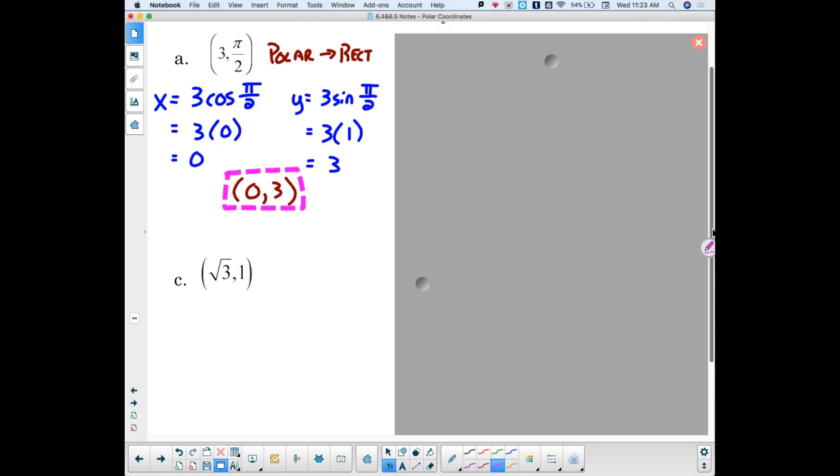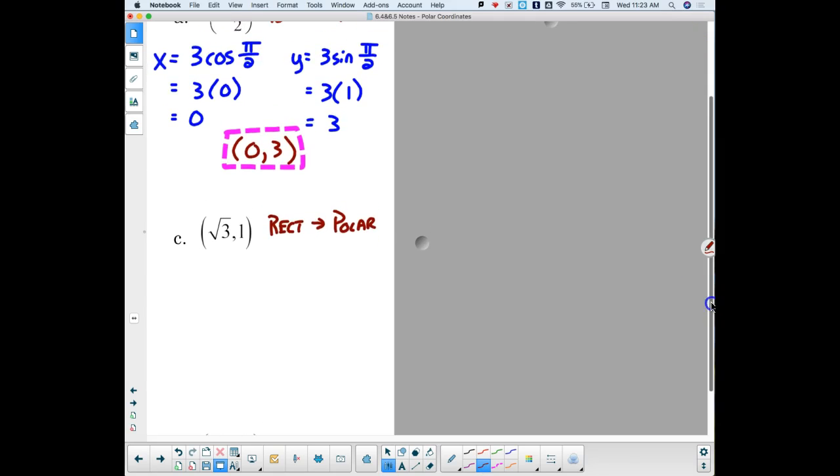Rectangular to polar, because I don't see a pi or a degree symbol, or in place of that degree symbol, a little r that would signify radians. Yep. So this is going to be rectangular into polar. So what do I need to do to go from rectangular into polar?